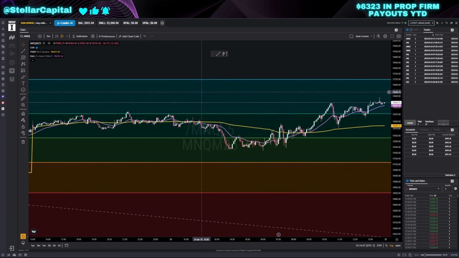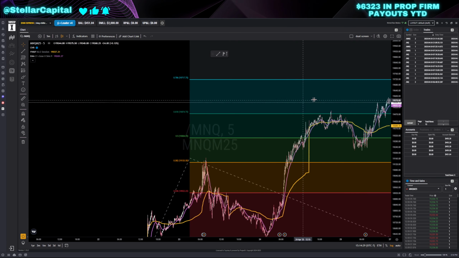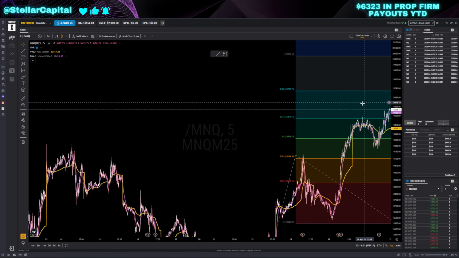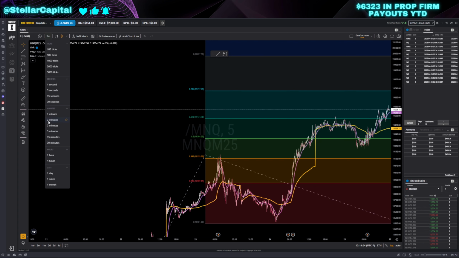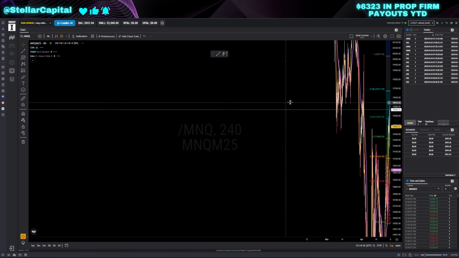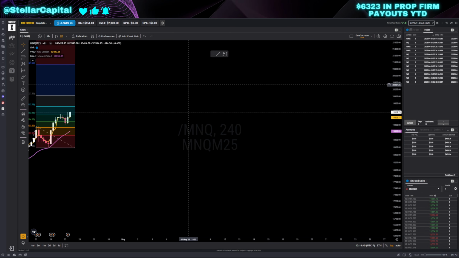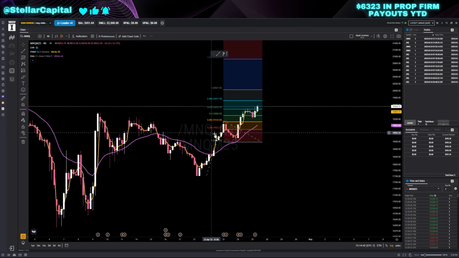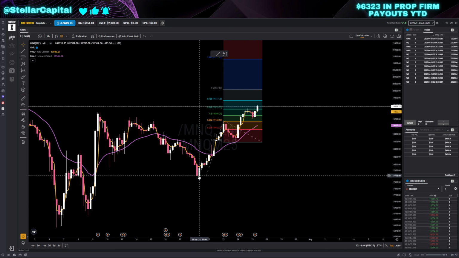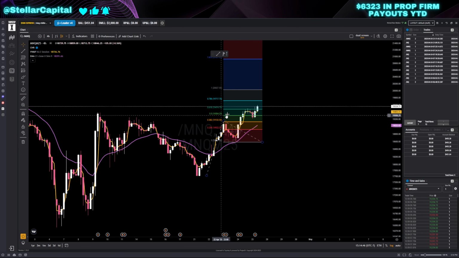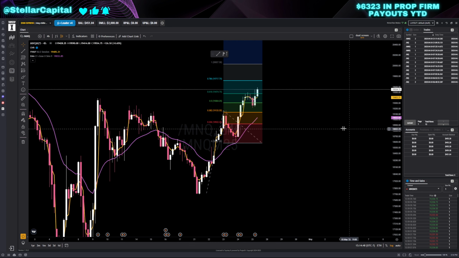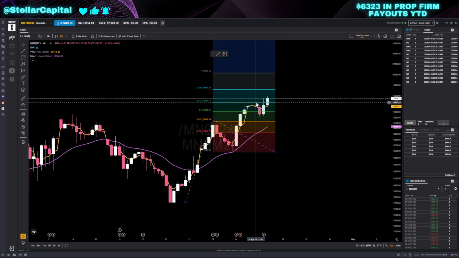It was a short, I know that, and it was a short off of a really nice level that I found on the 4-hour. I still have it, perfect. So what I did was a Fibonacci trend extension to find a good place to short, right? And look at this, it was really nice.